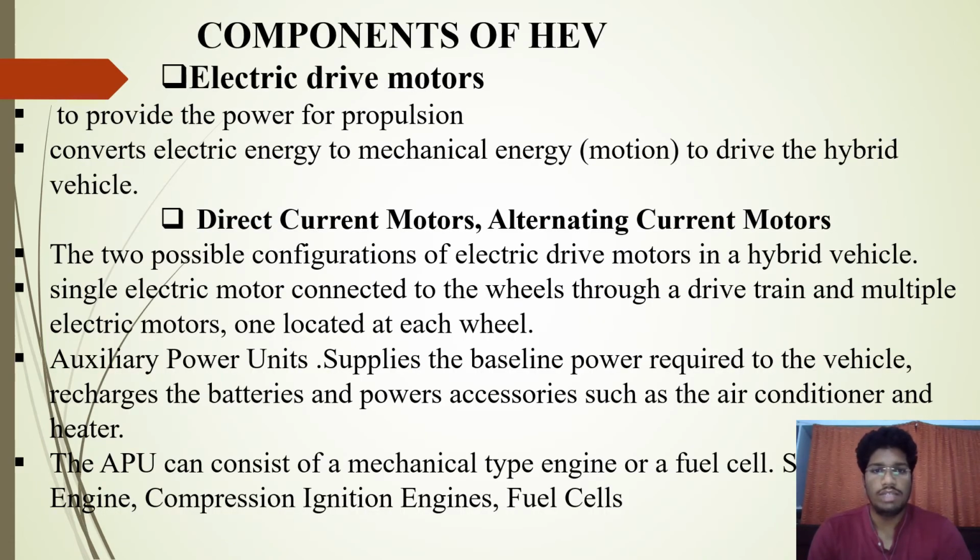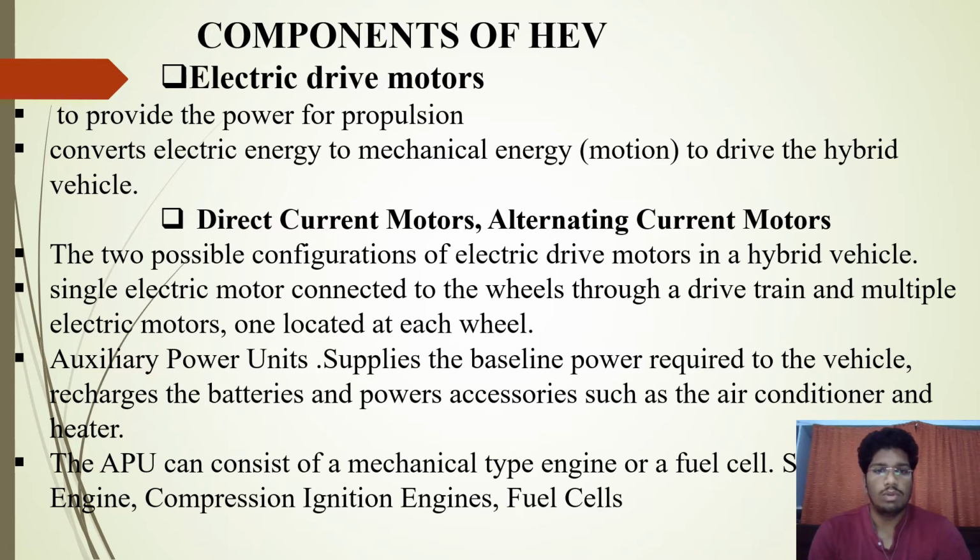Components of HEV, hybrid electric vehicle. Electric drive motors. The electric drive motors are used to provide the power for propulsion. These are also used to convert the electrical energy to mechanical energy, which is motion, to drive the hybrid vehicle. Coming to the second, direct current motors or alternating current motors.